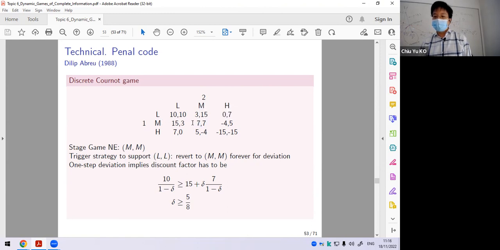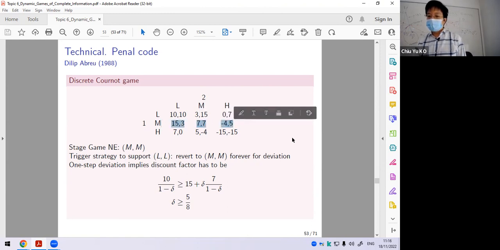And if player 1 chooses M, player 2 also wants to choose M because 7 is better than 3 and 5. This is what we call a discrete Cournot. You can produce low quantity, medium, or high. Both low actually is Pareto efficient, right? But if other people choose low, you want to choose high, or choose medium, right?